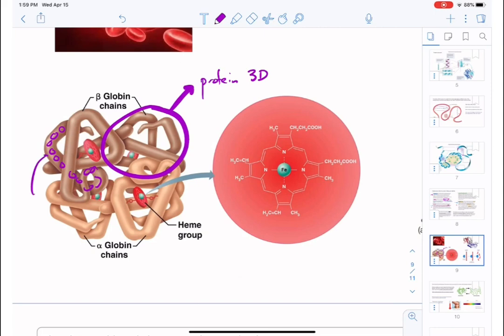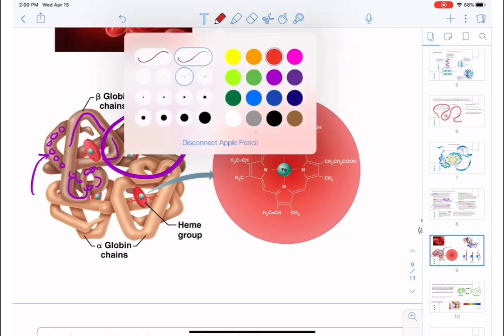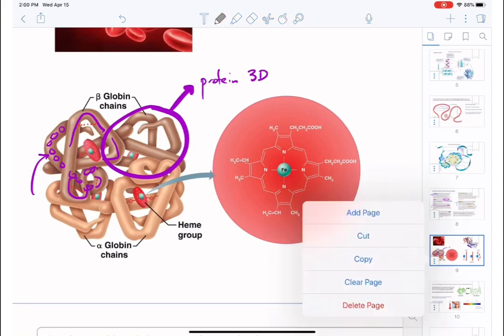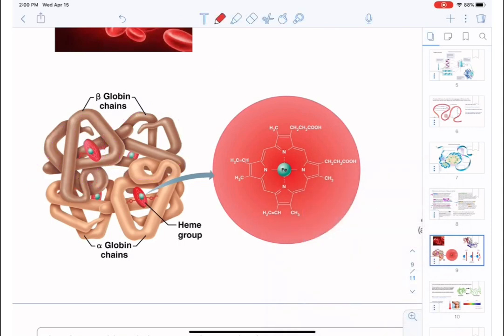And there's some alpha helices and beta pleated sheets in there that you can't see. But what's happening is this chain is folding back on itself in all these different areas. And the reason it's doing that is because you have these side chain interactions that are causing it to do so. So we have four globin chains, and each of these globin chains is a protein in its tertiary structure.